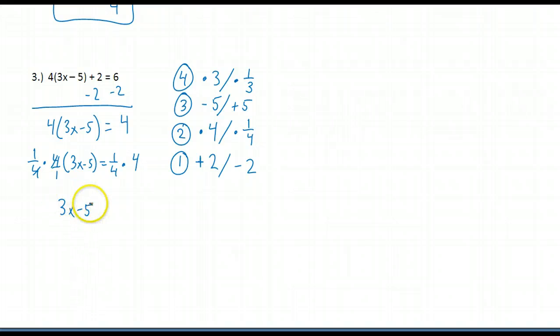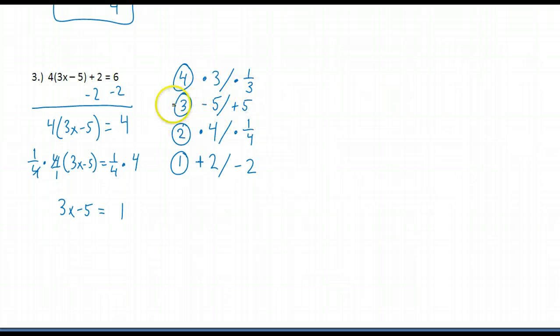That's the identity property. Notice that after I get rid of this 4, I can get rid of my grouping symbols. The reason I keep these grouping symbols is I need to make sure I do all of this math inside the grouping symbols first, and then do these two things. But if I don't have these two things, I don't need my grouping symbols. 1/4 times 4 is 1.